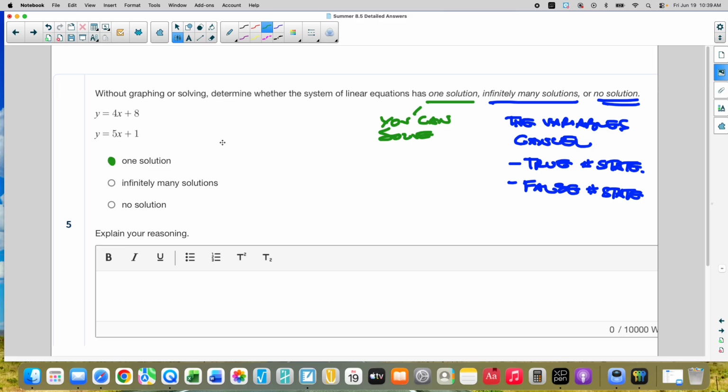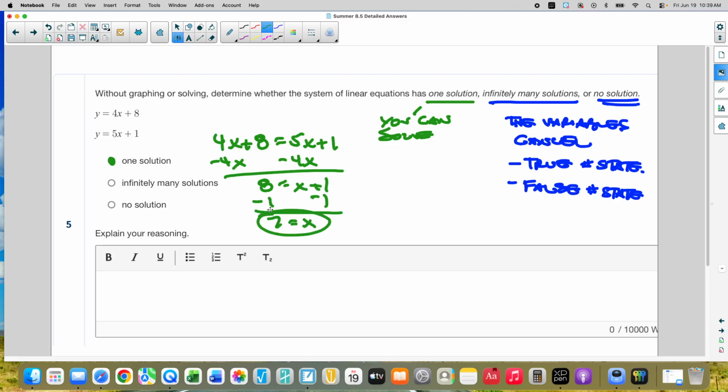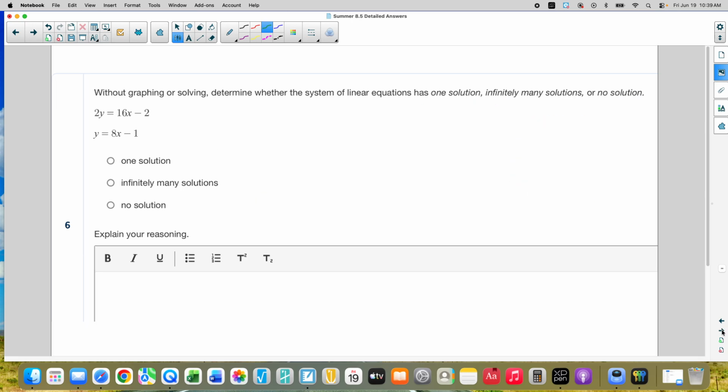So meaning if I write my statement 4x plus 8 equals 5x plus 1, when I move that 4x, I get a solution. So I'll be able to solve this. So since I can solve it, I know I'm going to get one solution.